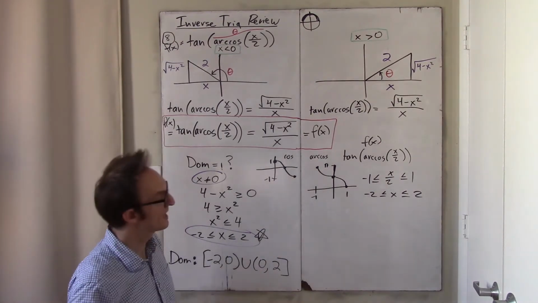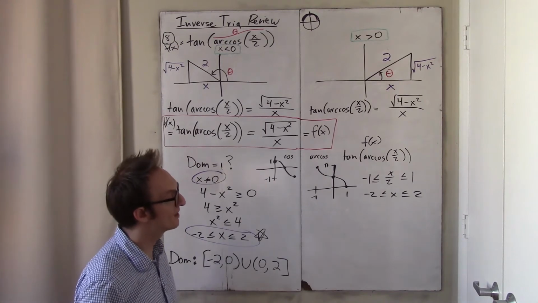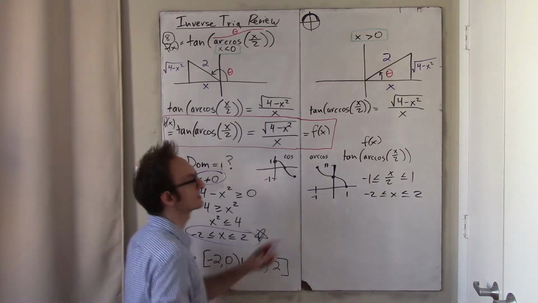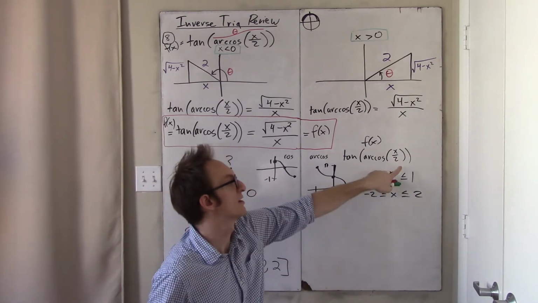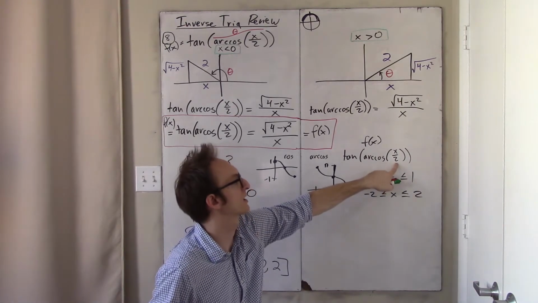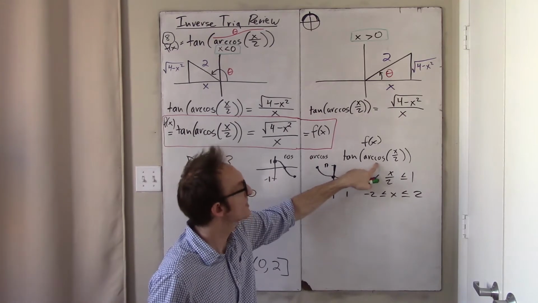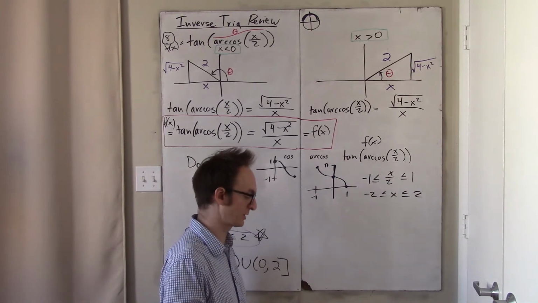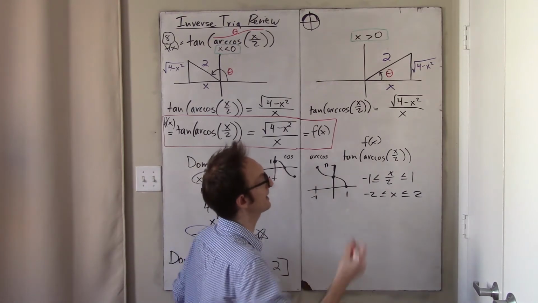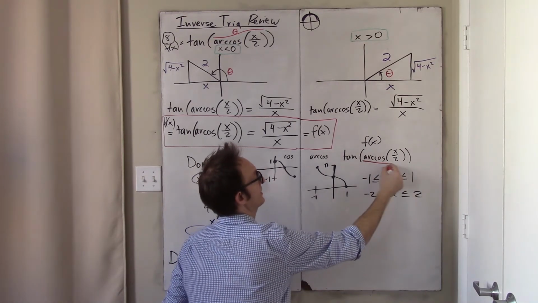So this is a totally different way of arriving at this kind of fact over here. But, of course, we're not done, because numbers between -2 and 2 are precisely those numbers which I am allowed to plug into the arc cosine function. But then I have to worry about what comes out of the arc cosine function, because I can't take the tan of just anything.